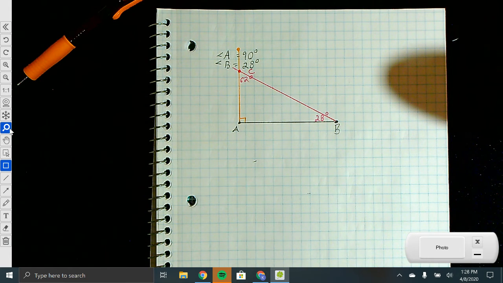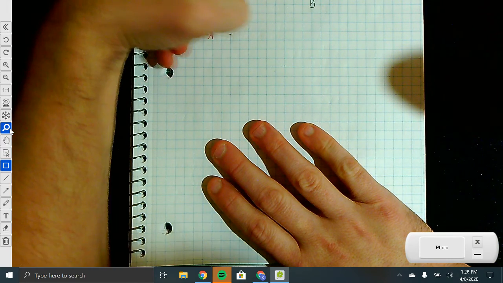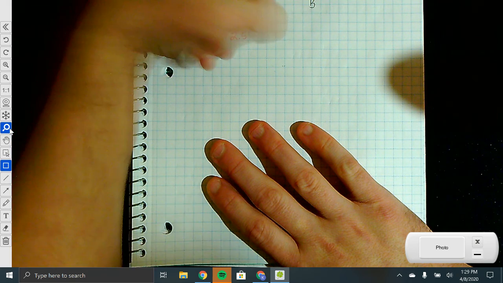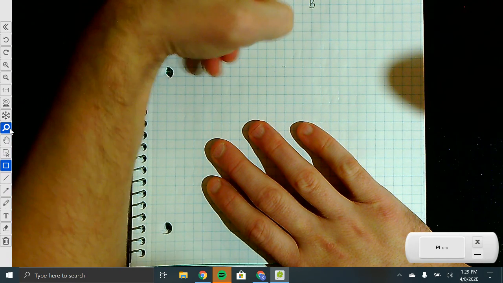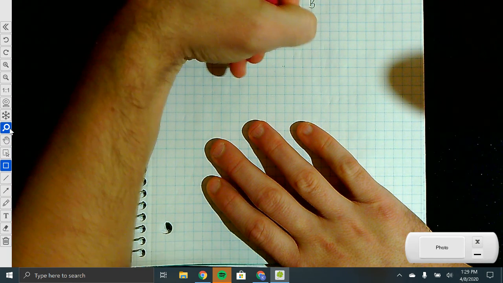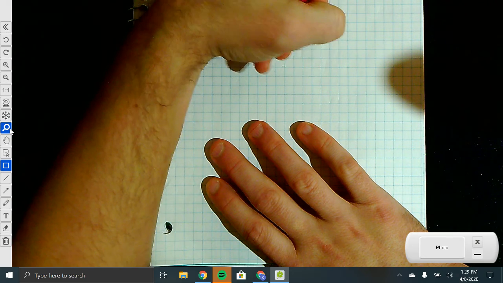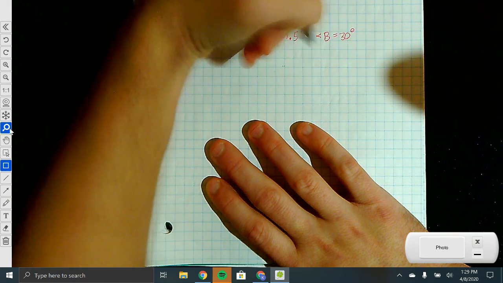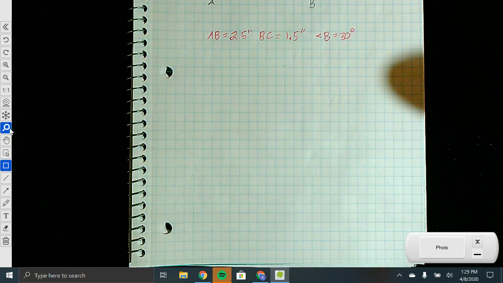Now, if we look at part B, in part B, what they told us was side AB is 2.5 inches. Side BC is 1.5 inches. And then angle B is 30 degrees. So for this one, what I need to do is start with either AB or BC.